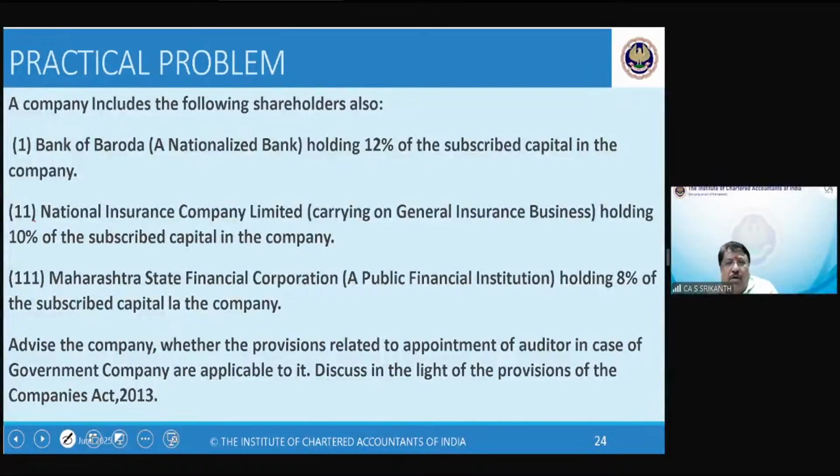Maharashtra State Financial Corporation, holding 8%. Advise the company whether the provisions relating to appointment of auditor in case of government company are applicable to it. Discuss in the light of provisions of the Act. You can give your answer. That is why I taught you the definition of government company.